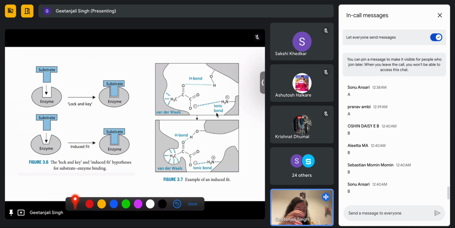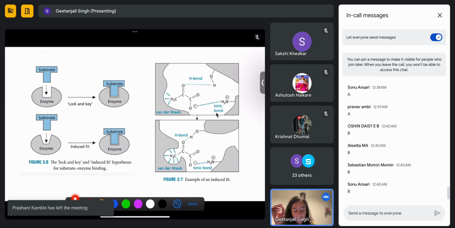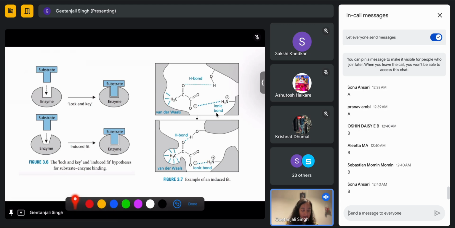So in this induced fit they try to change and come to a conformation where they increase the probability of forming the bonds in a better way. Now the ionic bond, you can see how this changes from this ionic bond to this, and from the hydrogen bond shown here to this.